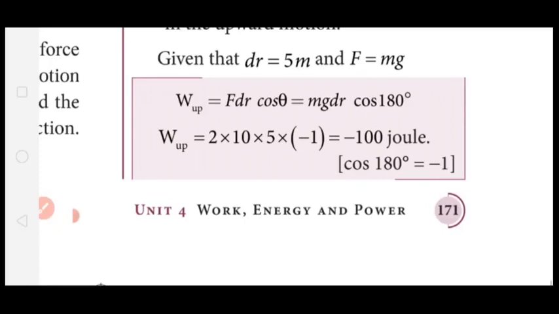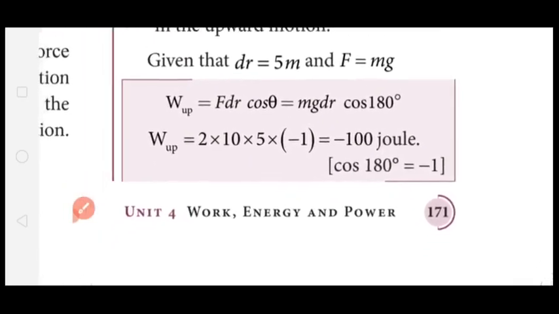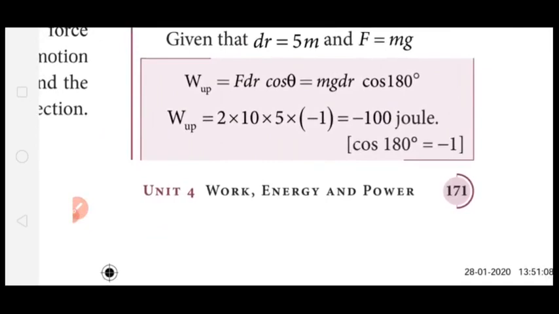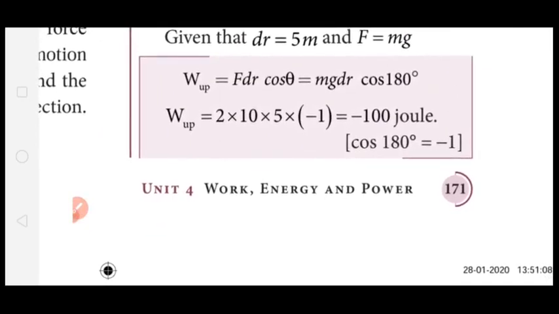All the values are given in the question: mass is 2 kg, and g is 10 meter per second squared, a constant value, the acceleration due to gravity.